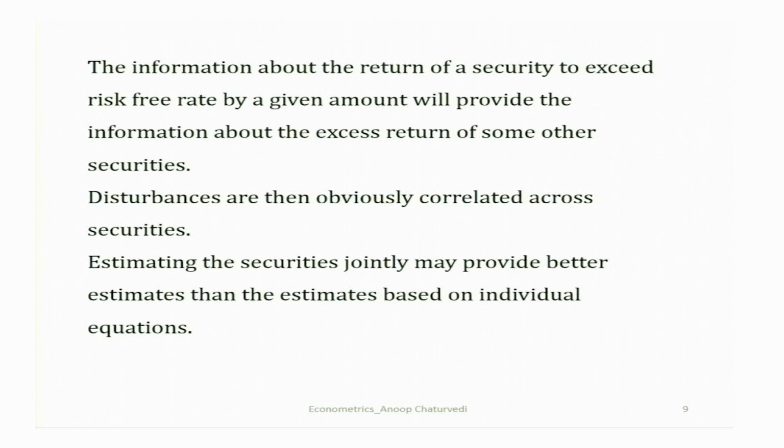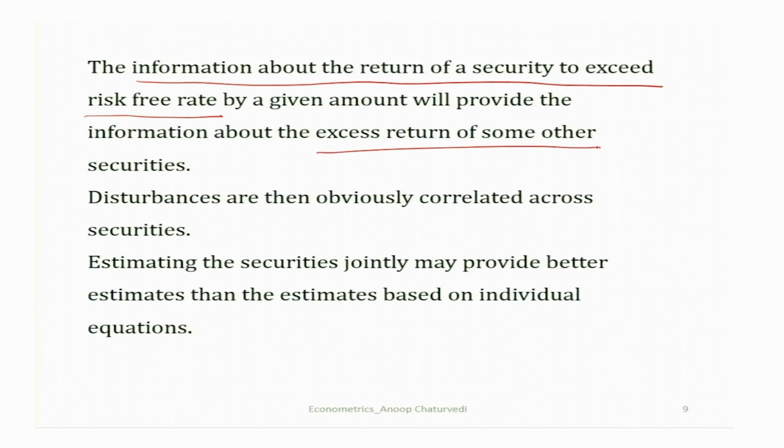Now, in this model also, the disturbances are obviously correlated across securities, because the information about the return of a security exceeding the risk free rate by a given amount will also provide information about the excess return of some other securities.